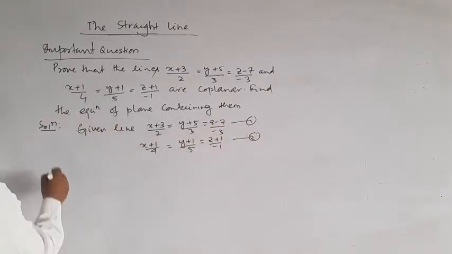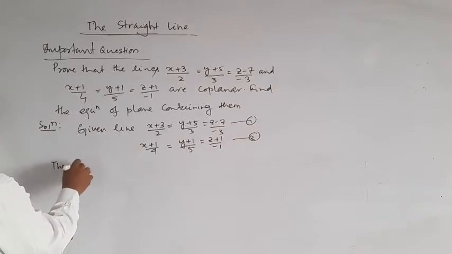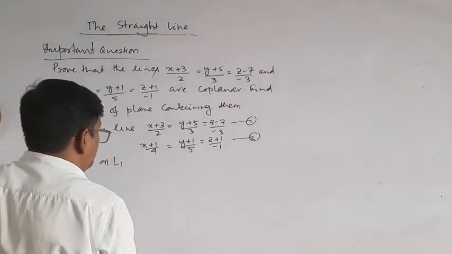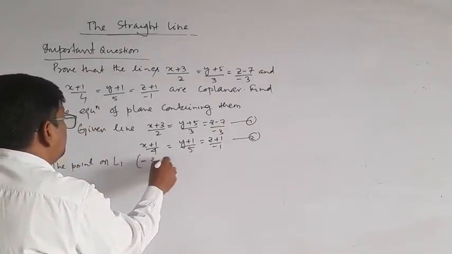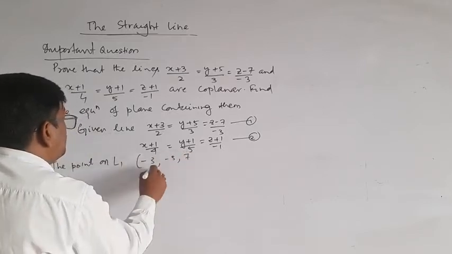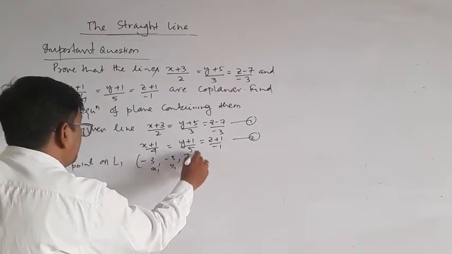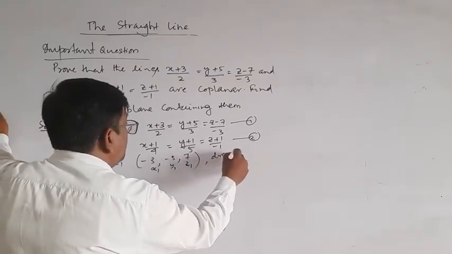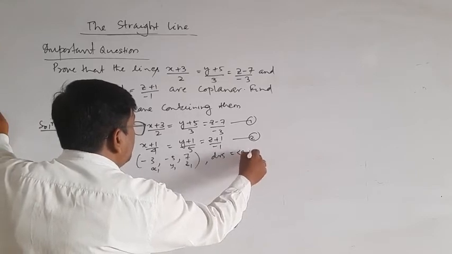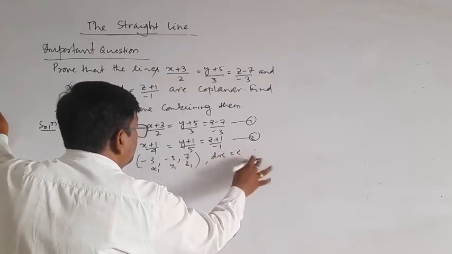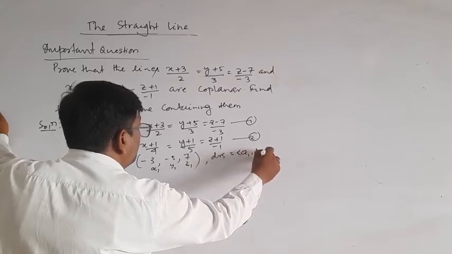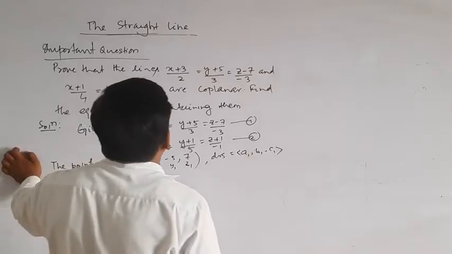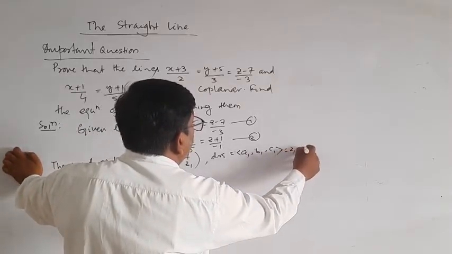Here x1, y1, z1, the point of line 1, L1, is minus 3, minus 5, 7, and the DRs a1, b1, c1 are 2, 3, minus 3.